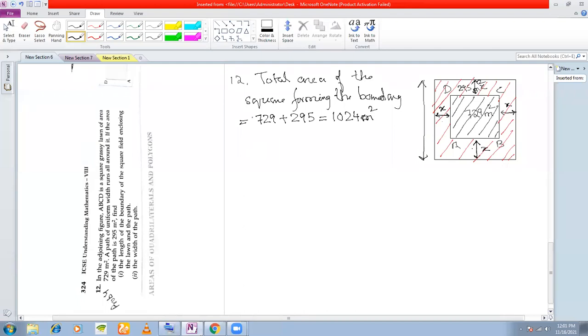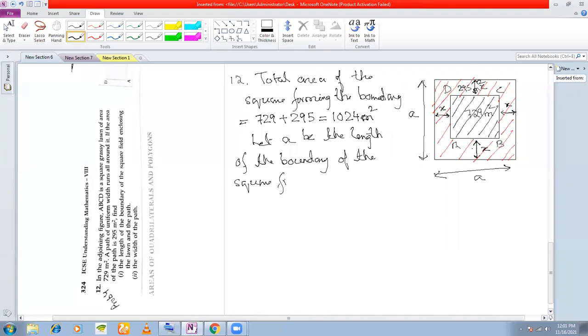So what should be the side of the square? If I say let A be the side of the square, all this side is, let's say, A. So let A be the length of the boundary of the square field enclosing the lawn and the path.